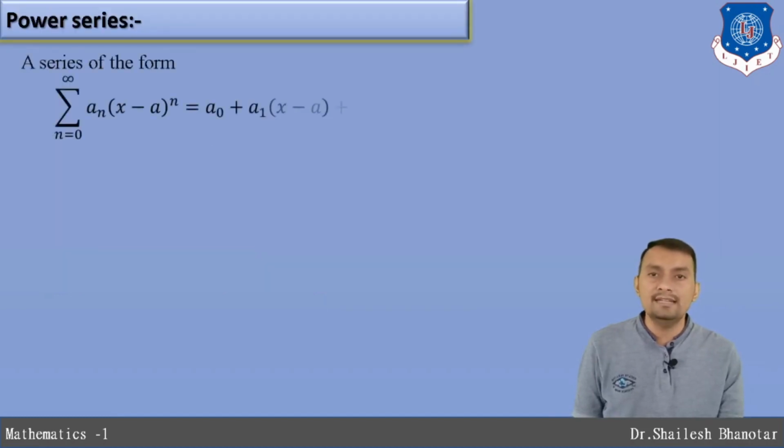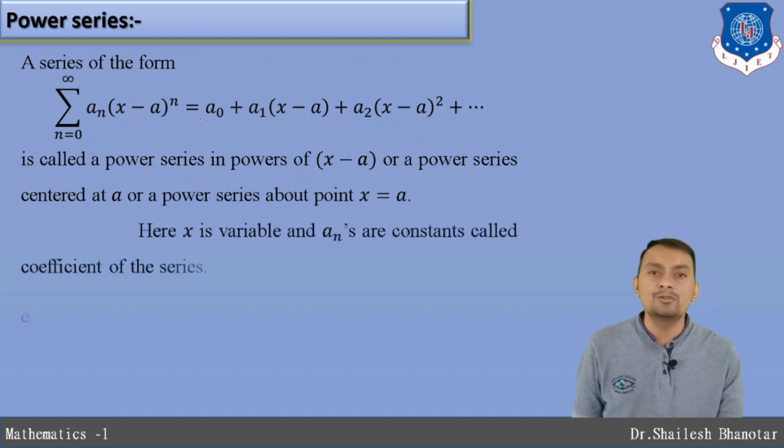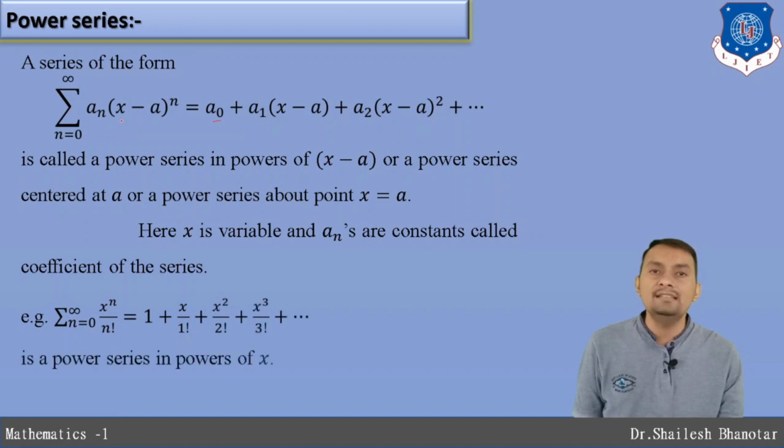Now we have the power series, a series of the form an into x minus a raised to power n, starting from 0 to infinity. When you put n equal to 0, it is going to be the first term a0, then for n equal to 1, a1 into x minus a, plus a2 into x minus a square, and so on.